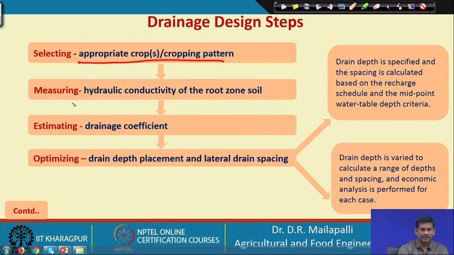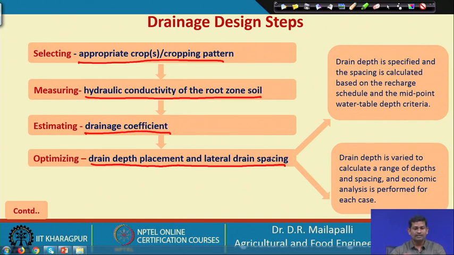Then you have to measure the hydraulic conductivity and root zone of the soil based on the particular soil type, and the drainage coefficient, which is the amount of water being drained from the area in 24 hours. And then optimize the drain depth and placement of lateral drains.